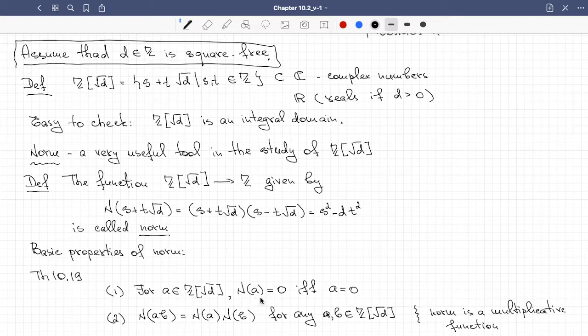Here A and B are elements of the ring, not just integers, and for an element of the ring, I will write S plus T root of D.